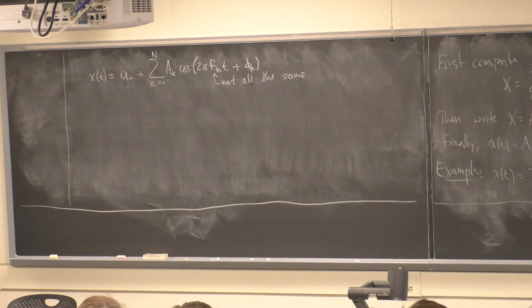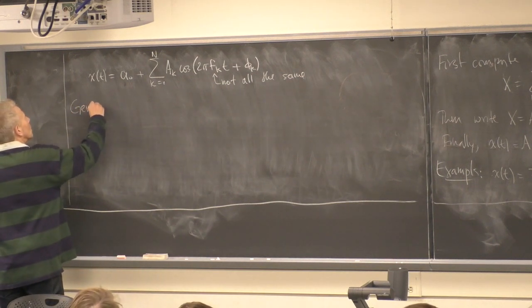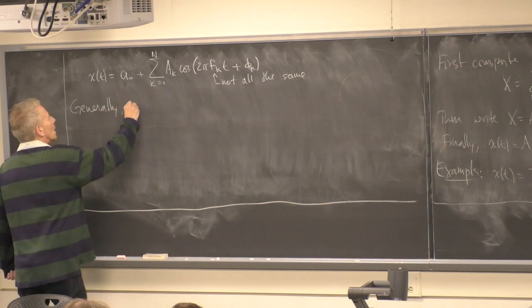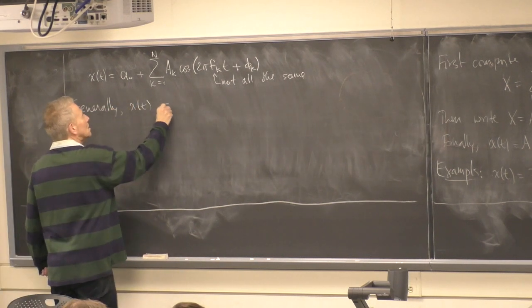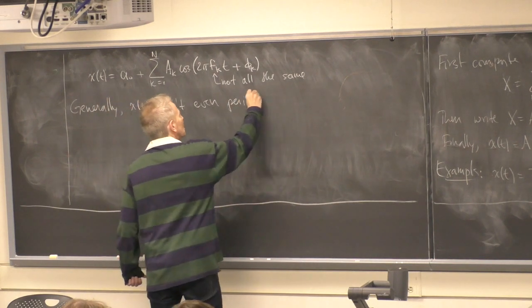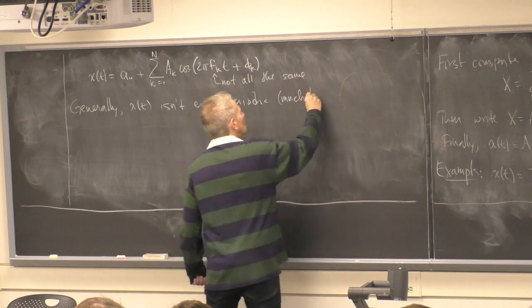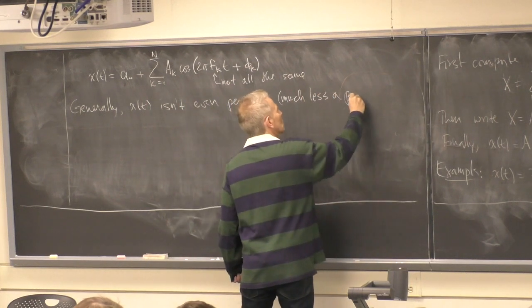So what happens when you add those together? What do you get? Well, in general, this is going to be a pretty crazy signal, even just for a few terms. It's not necessarily periodic. So generally, x of t isn't even periodic, much less a pure cosine, a pure sinusoid.